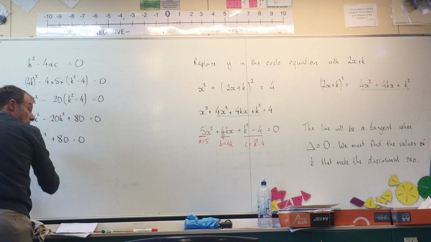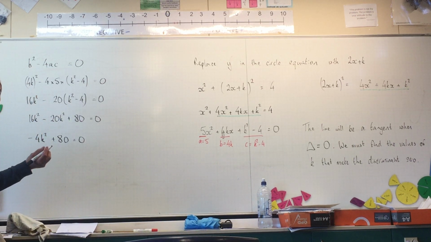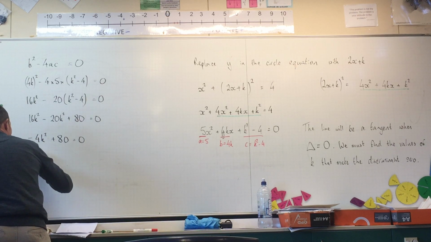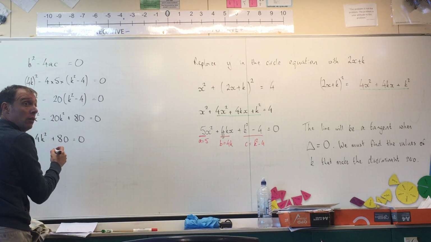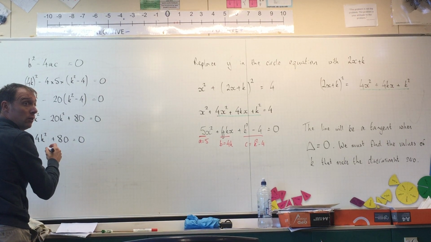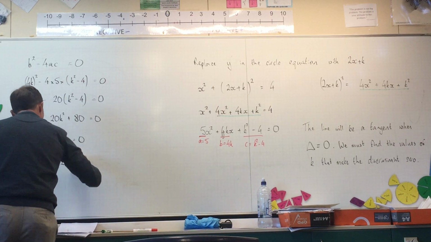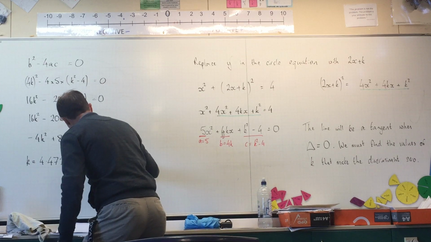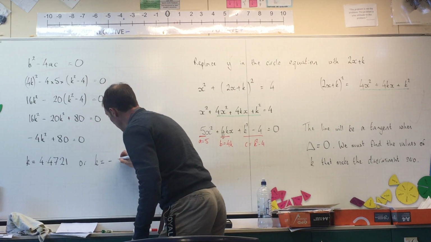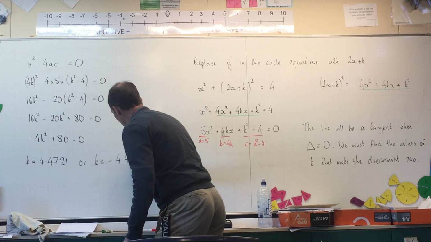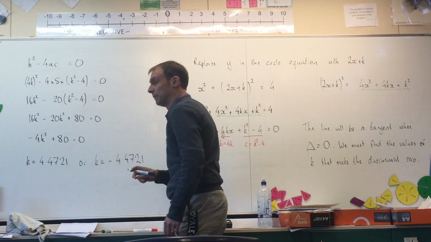So when we put it into our graphics calculator and equation solver, we end up with k equals 4.4721, or k equals negative 4.4721.